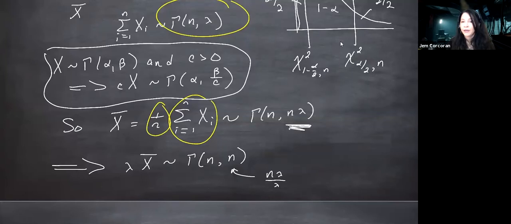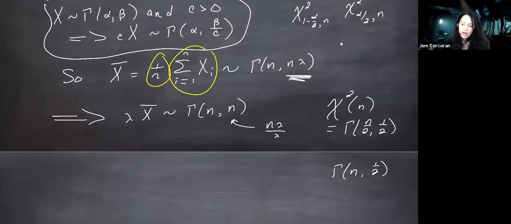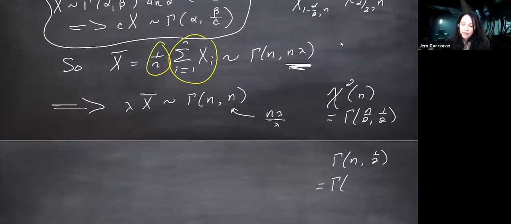But how do we get a chi-squared? So remember that a chi-squared with n degrees of freedom is defined to be a gamma n over 2, 1/2. And whenever we have a gamma with an n, 1/2, we can write that as a gamma 2n over 2, 1/2. And then we can see it as a chi-squared.